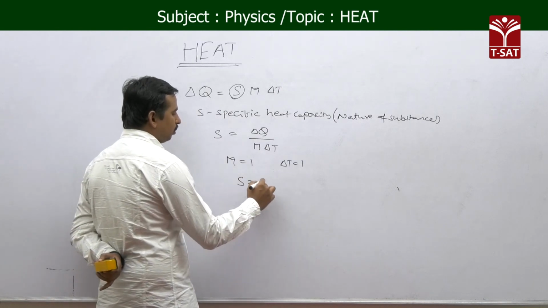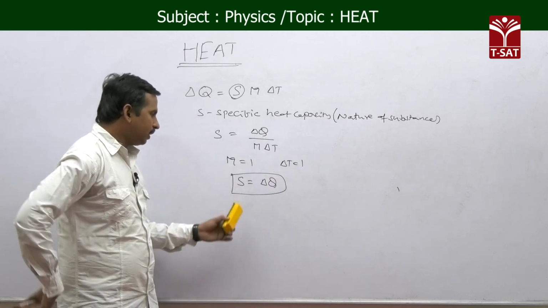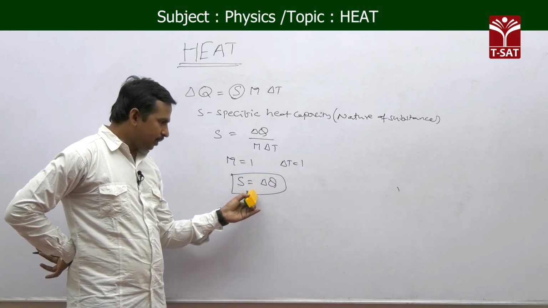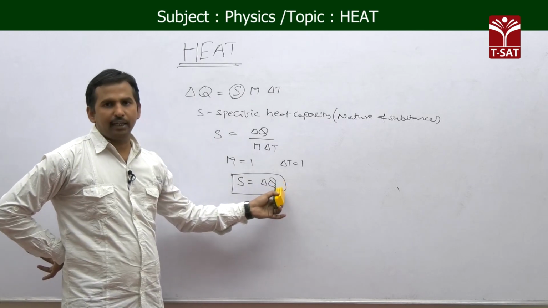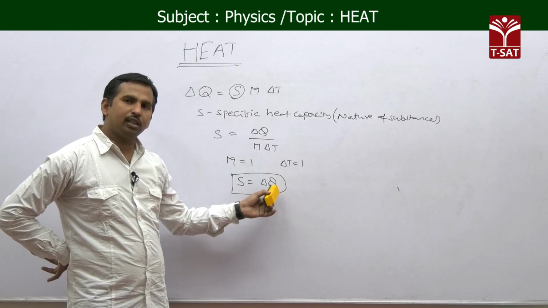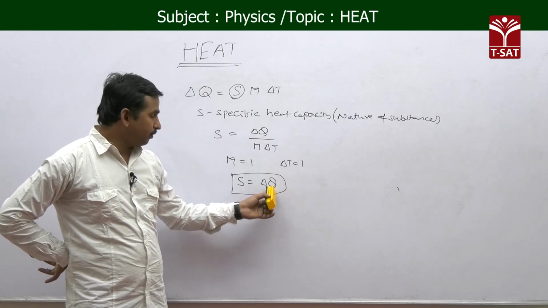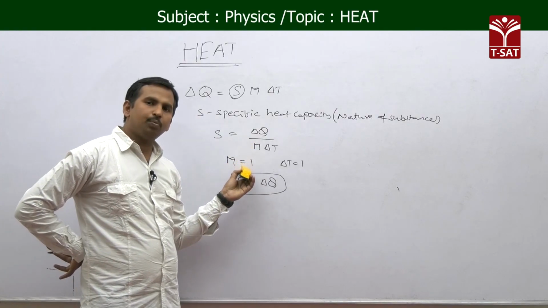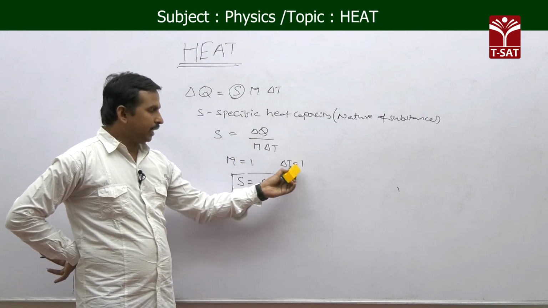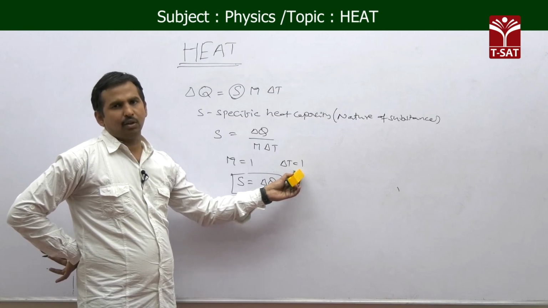S is equal to delta Q, which means the specific heat capacity is the amount of heat energy required or given out when you are taking a unit mass of a substance to raise its temperature by 1 degree Celsius, or by 1.